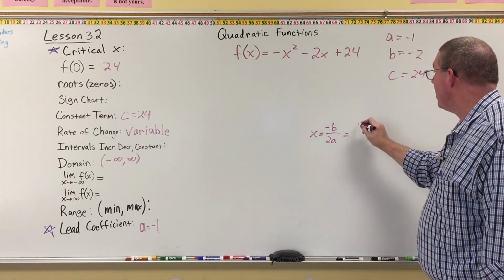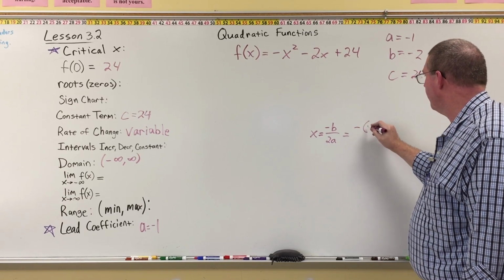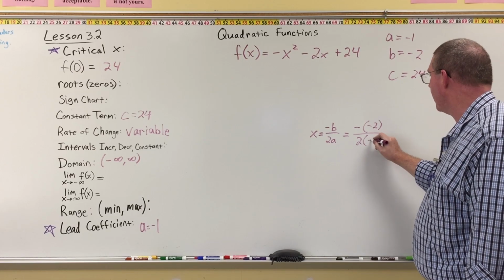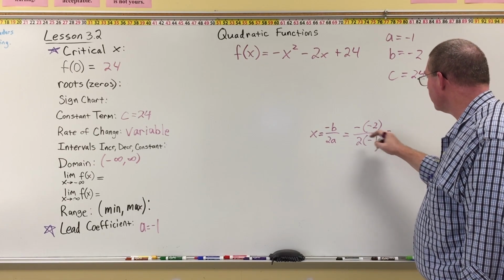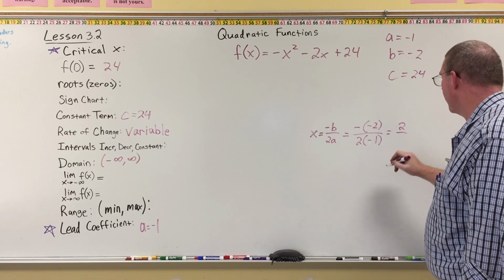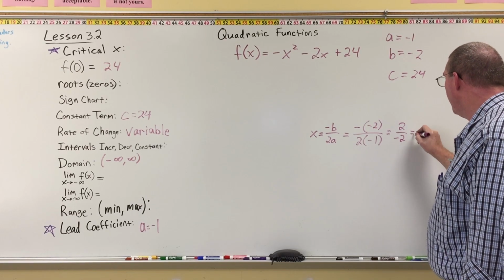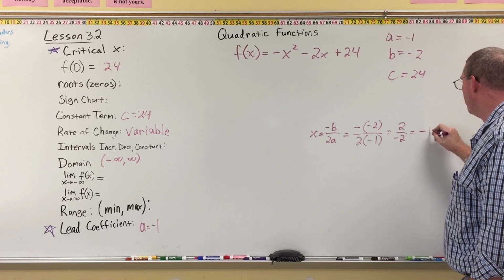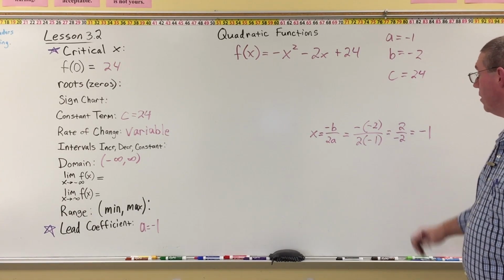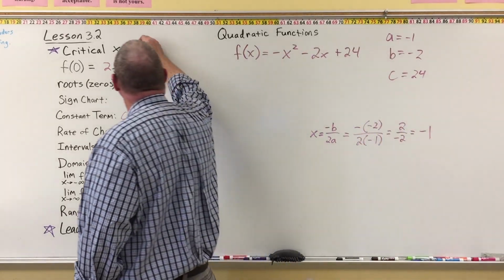Negative b here, b is negative 2. So that's negative 2 over 2 times a, and a is negative 1. Well, negative 2, that's 2. 2 times negative 1, that's negative 2. And 2 divided by negative 2 equals negative 1. And so our critical x value is negative 1.